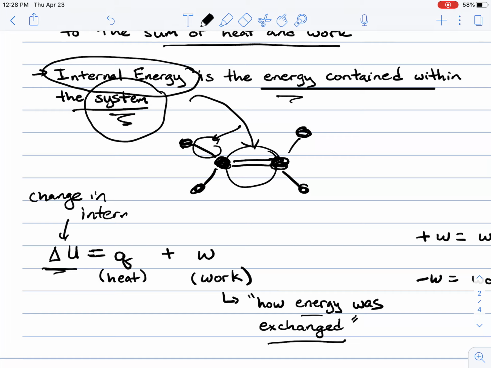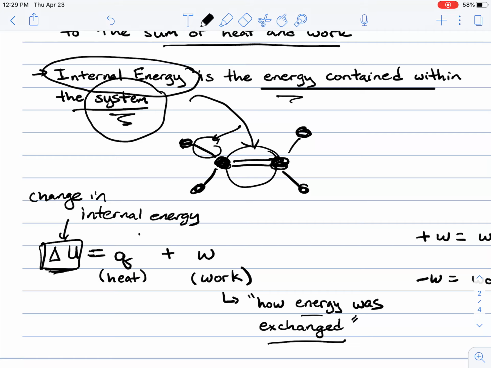Sorry, delta internal energy, not internal change. Once again, this idea of taking the difference between the initial and final state, delta U in this case, gives us a snapshot of the thermodynamic process that occurred in the course of the chemical reaction.